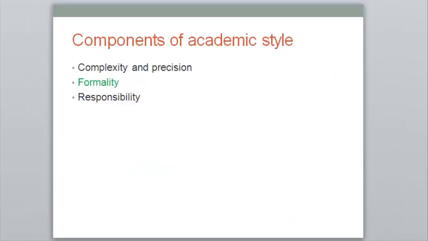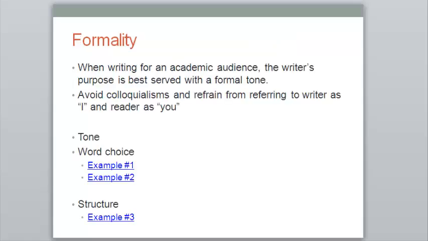So we've talked about complexity and precision, and now we're going to move on to formality. When writing for an academic audience, the writer's purpose is best served with a formal tone. And a lot of you have been talking about this in your responses to the assignments, that when we ask what academic writing is, you say it's with a formal tone, which is probably one of the more recognizable components of academic style.